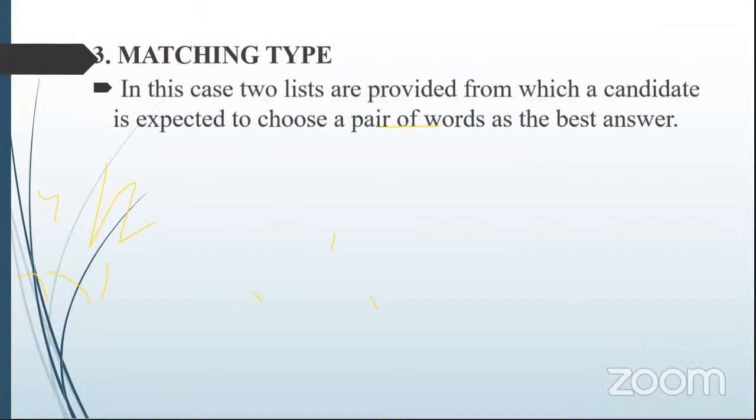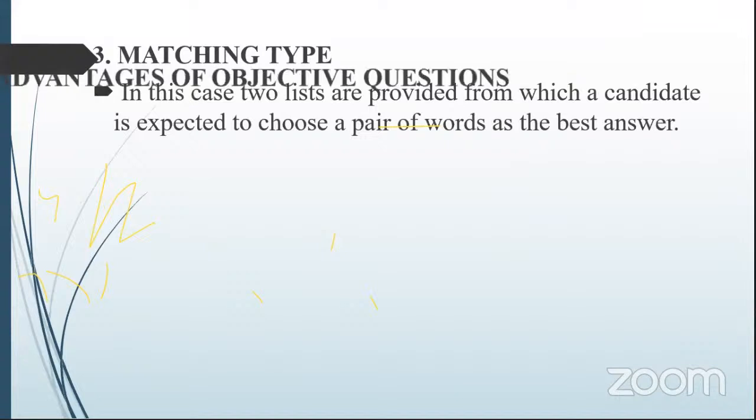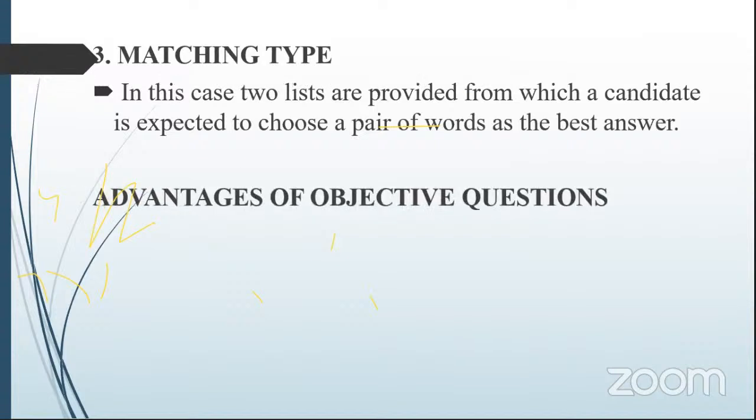The third type is the matching type. In this case, two lists are provided from which a candidate is expected to choose a pair of words as the best answer. And then we'll discover that whatever comes in place will have advantages and disadvantages.